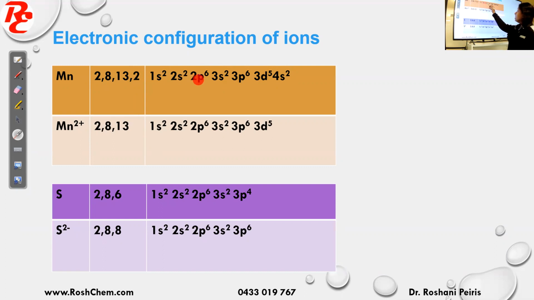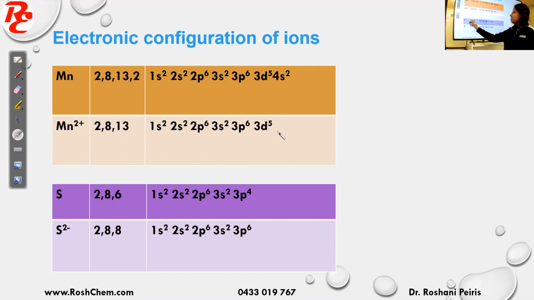The subshell configuration is 1s2, 2s2, 2p6, 3s2, 3p6, 3d5, 4s2. Now you need to remove 2 electrons to make it manganese 2+. Therefore, you remove the last 2 electrons. Remember, you always remove electrons from the outermost shell. In this case, the outermost shell is the 4th shell. So you remove 2 electrons from the 4th shell, and it will end up with 3d5.